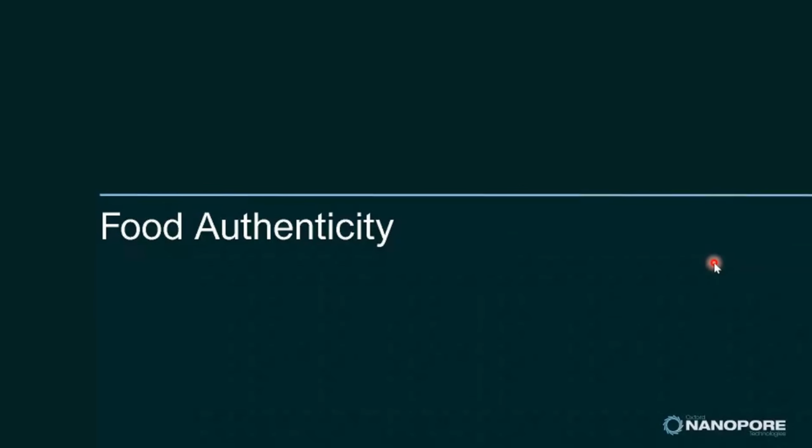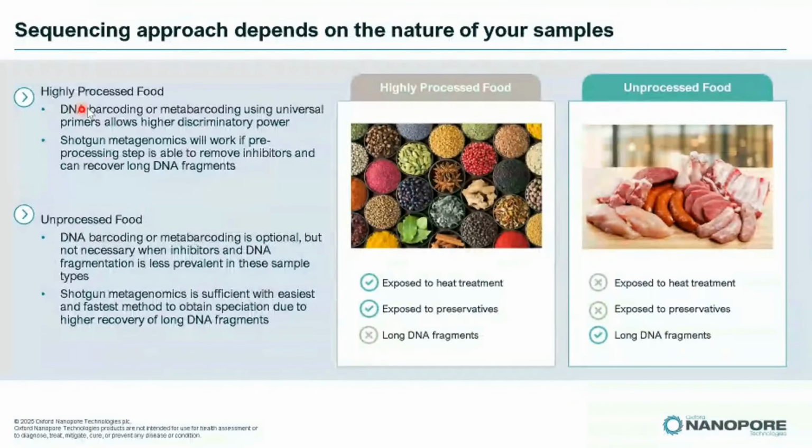So the last section of today will be the usage of Oxford Nanopore technology for food authenticity purposes. We have sequencing approaches that depend on the nature of your sample. First, depending on whether the food is a highly processed food, we can use DNA barcoding or metabarcoding using universal primers to allow high discriminatory power.